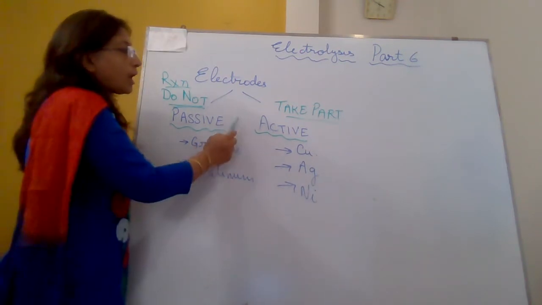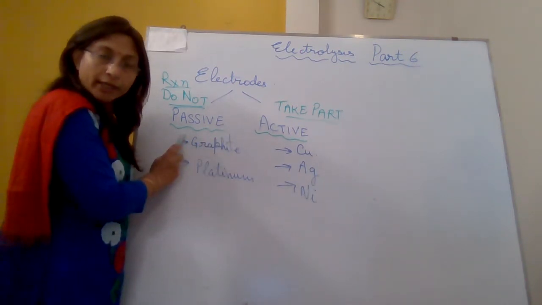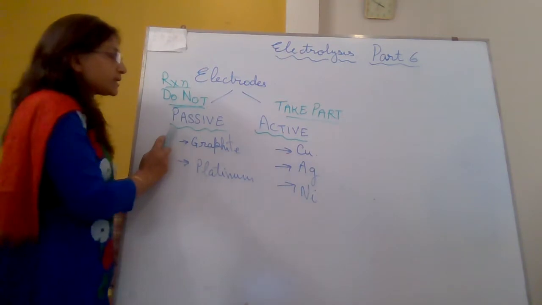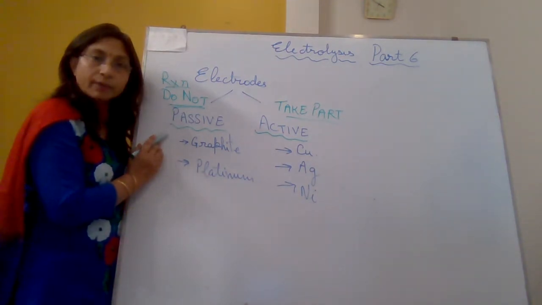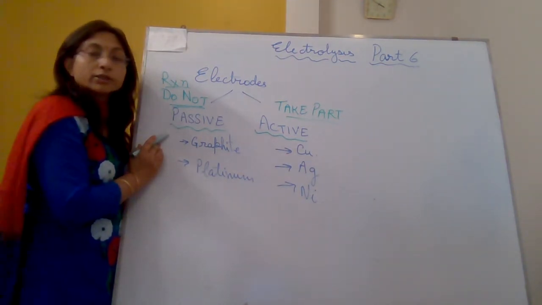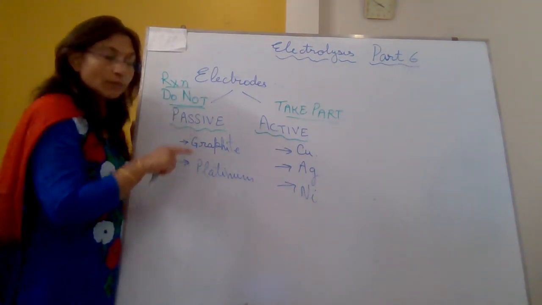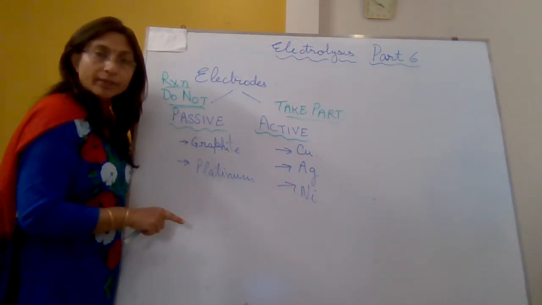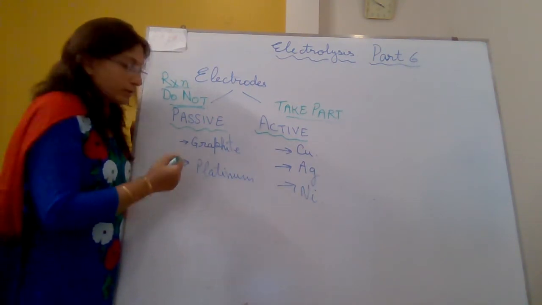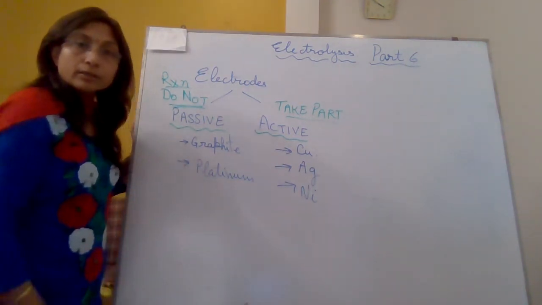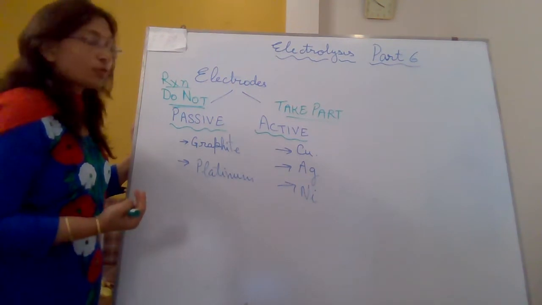Another thing, अगर आपका passive electrode है, right, that means if your electrode is not taking part in the reaction, then the first two rules, the first rule was the lower the series in the electrochemical metals, the higher is the preference. And what was the second rule?